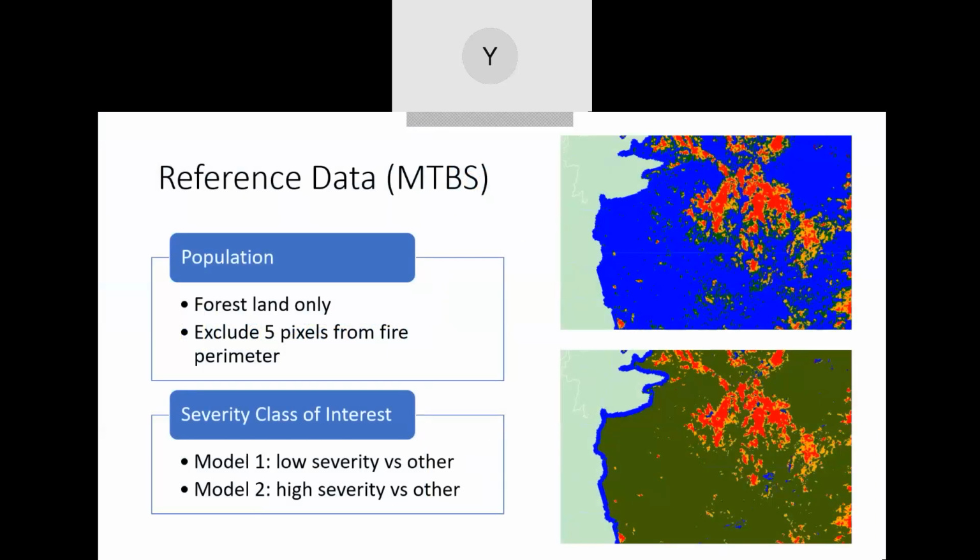The data in this exploration is the MTBS data. We focus only on forest-only land. We excluded 5 pixels from the edge of the existing burn. The reason we do that is to try to minimize the effect of firefighters' efforts to put out the fire.